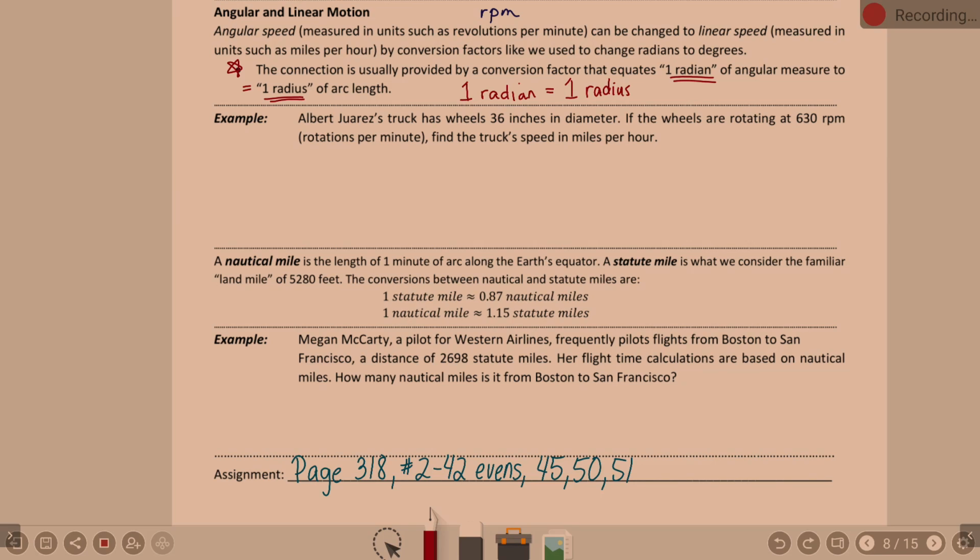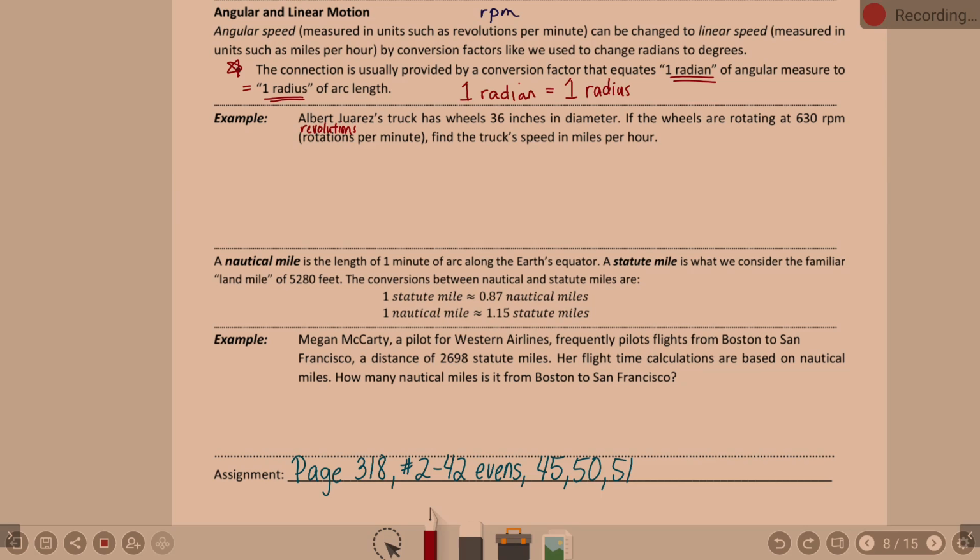Up above it said revolutions per minute. Are you okay if I say a rotation and a revolution are the same thing? Same thing. So you can also think revolutions.